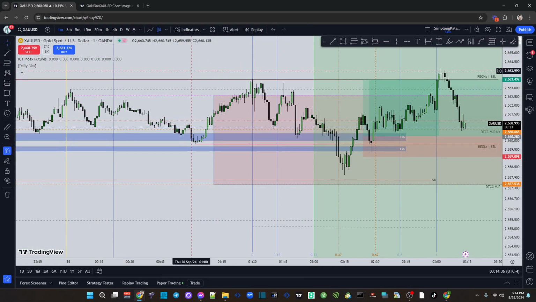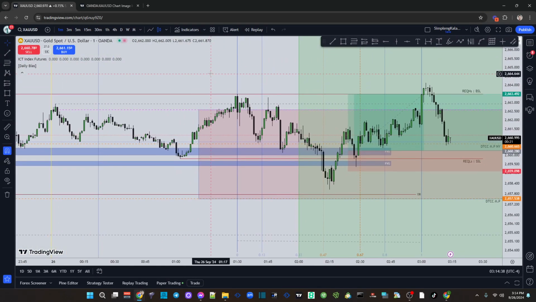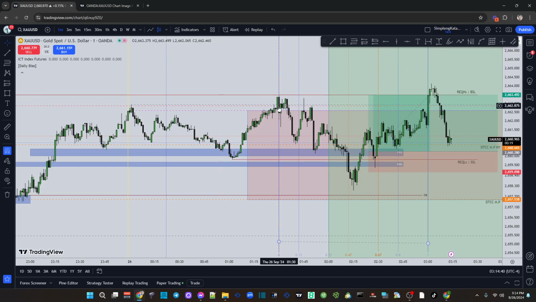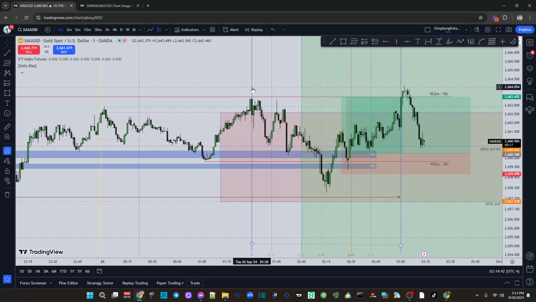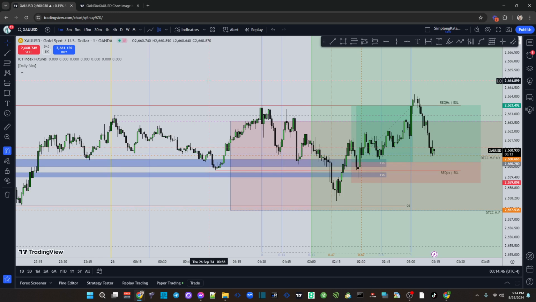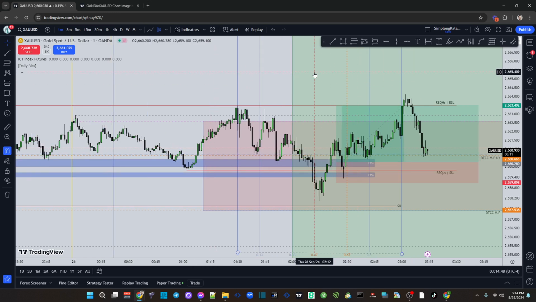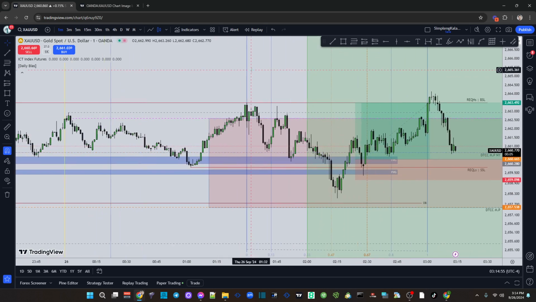So now, if I go to my 1 minute, I was watching from 1:30. I marked my 90-minute cycle to 3 o'clock. So that's in gold. So I'm trading the 0.47 and the 0.67 time. All right.